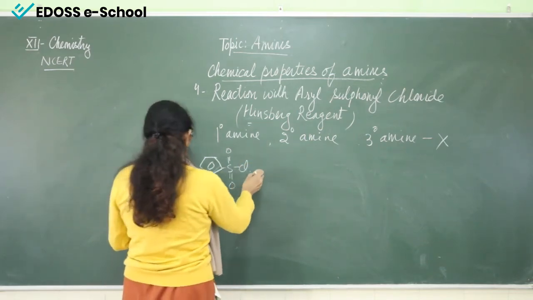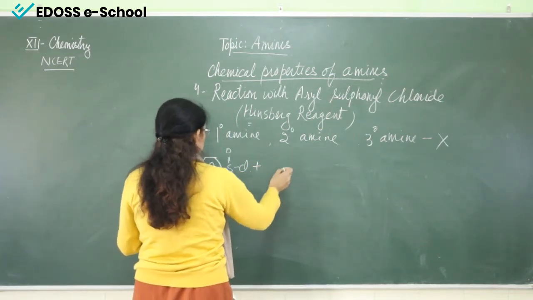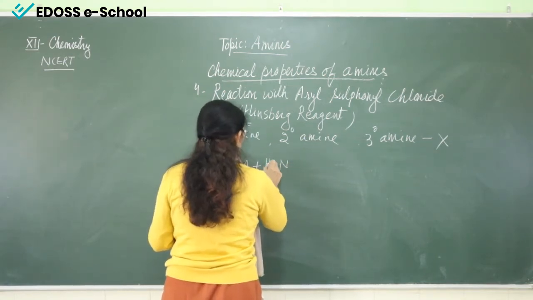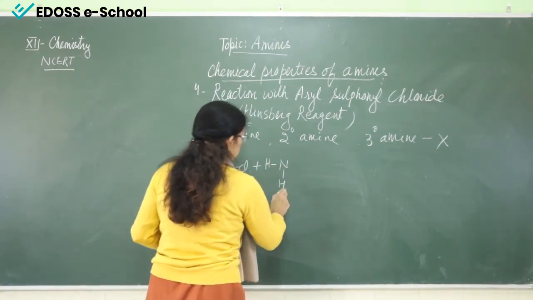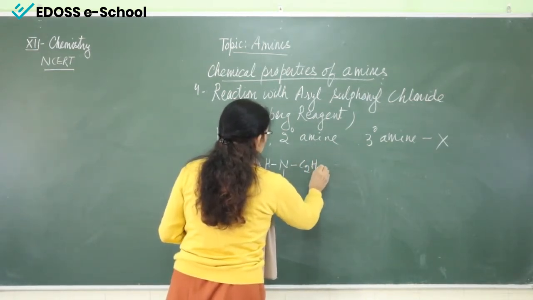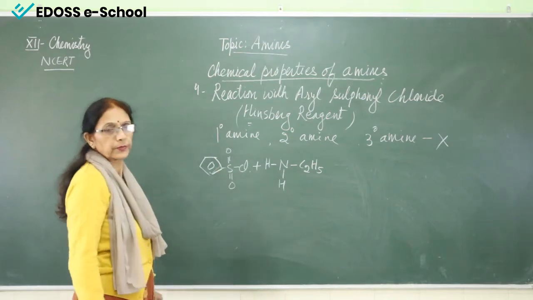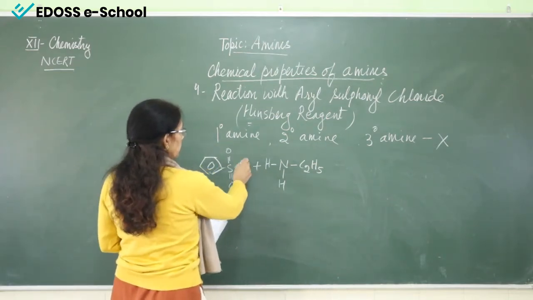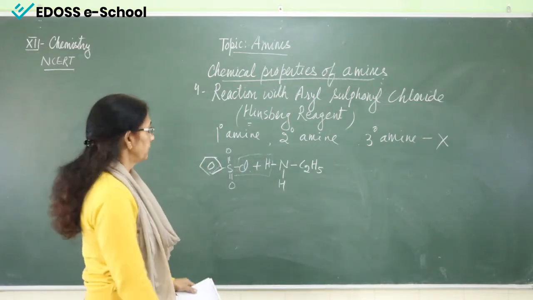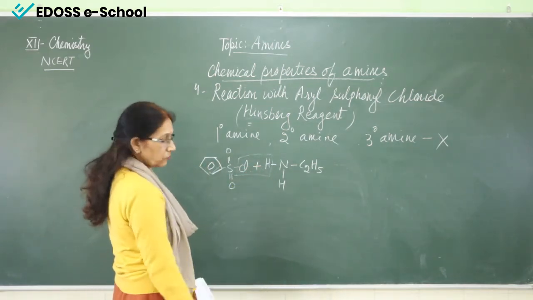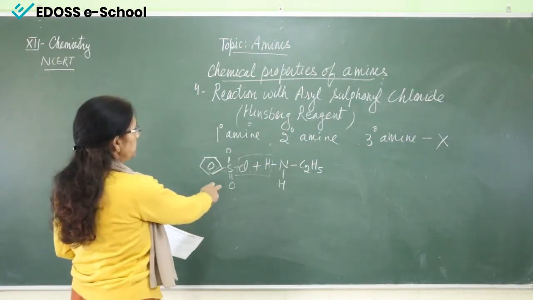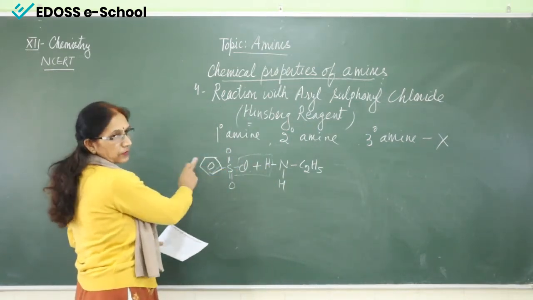And this is aniline, C2H5. This is any amine. Now what is happening here? You can see this will form HCl. So HCl will be given out and this will be attached with the benzene sulfonyl group.